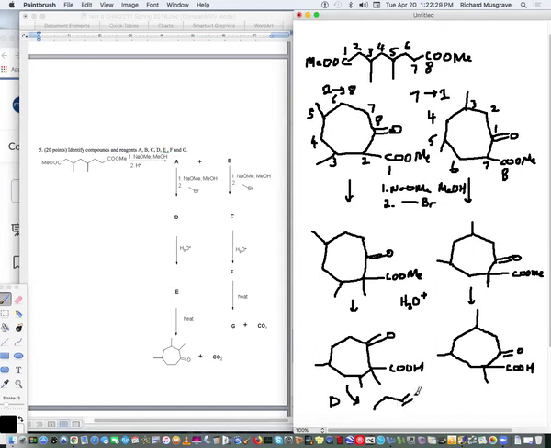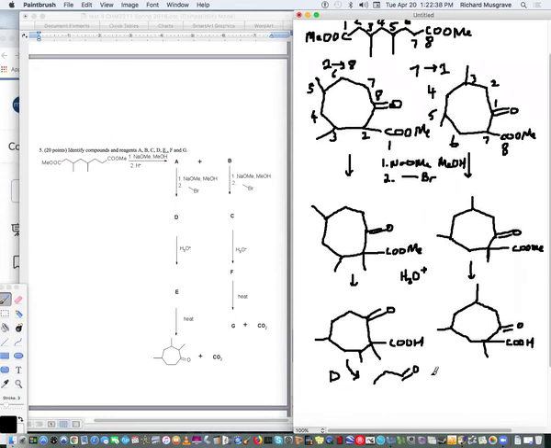All right, let's see if I can draw this a little bit better. Let's do that. And that gets rid of the carboxylic acid grouping.